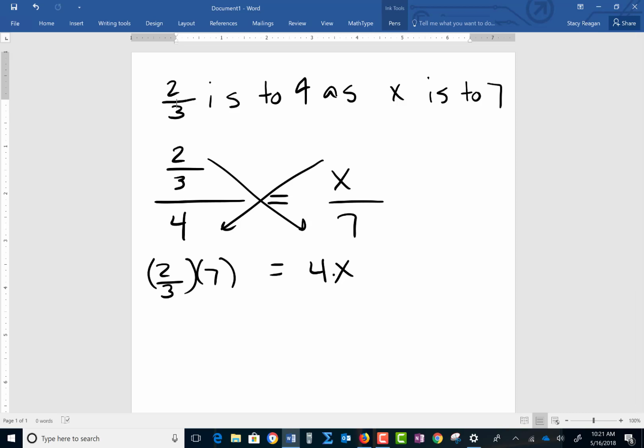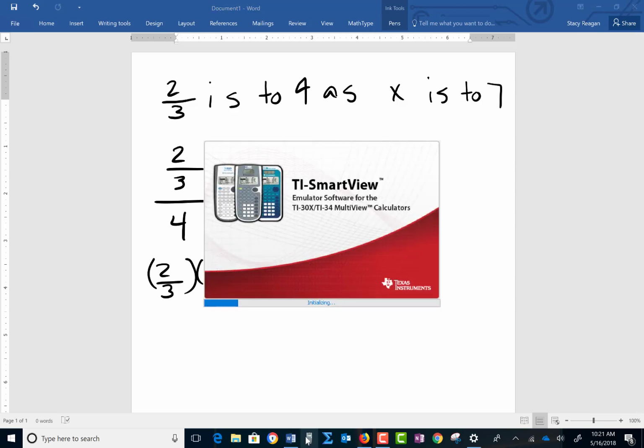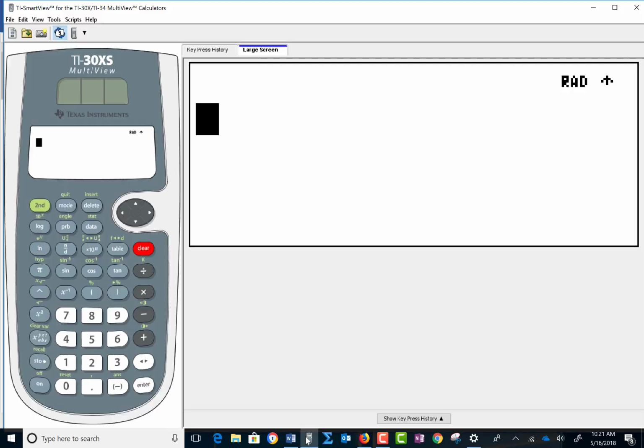So I'm going to pull up the two calculators so that you can see how to do this. If I pull up the smaller of the two calculators, and I do my 2/3 times 7, you do have a fraction key right here, and then the one up above it is the mixed number key.